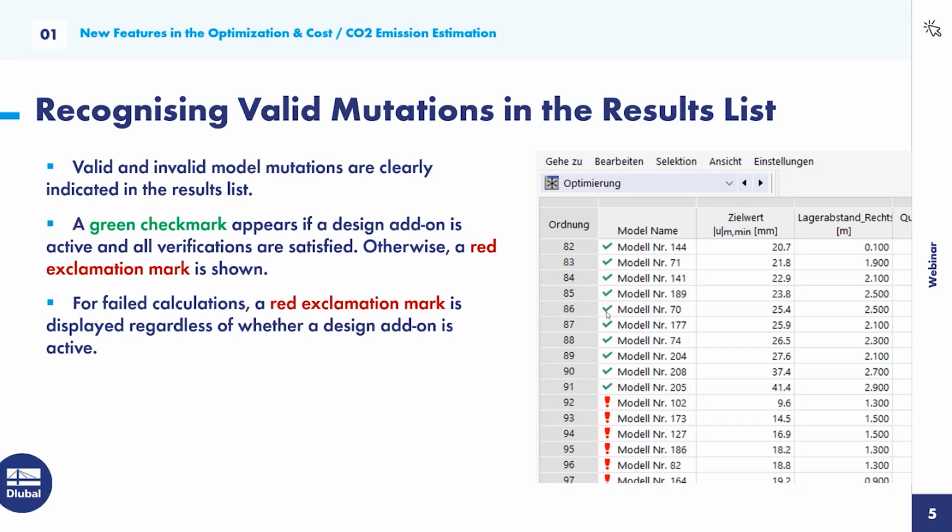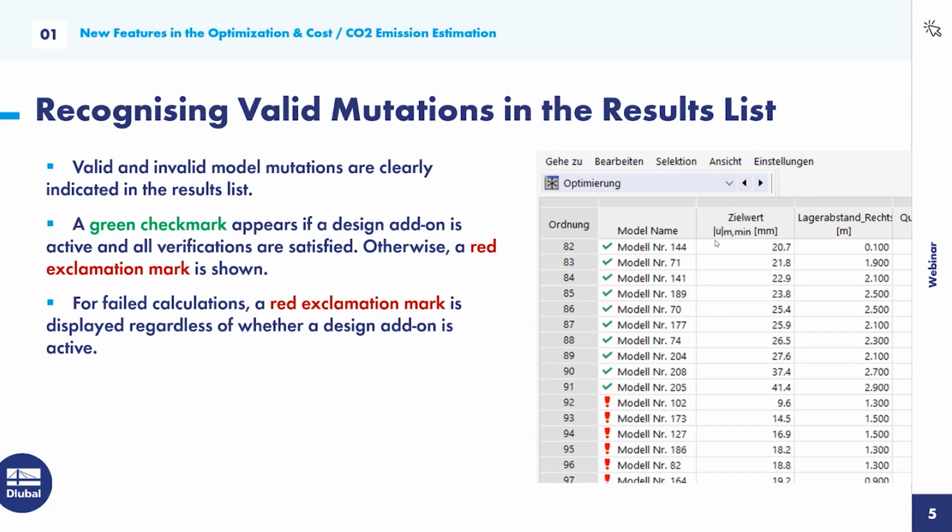If there is a verification that does not succeed, below 100% usage, you will see a red exclamation mark. With this, you really have an overview of which models fulfill your needs and which do not.